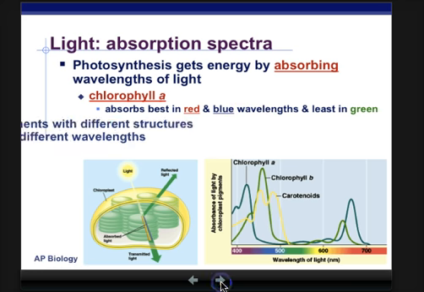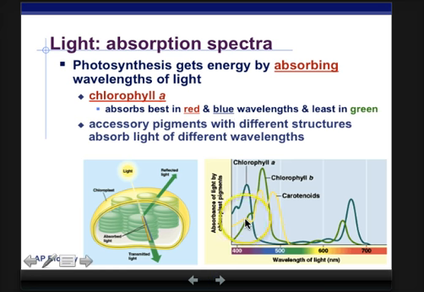And the other pigments, accessory pigments that have slightly different molecular structures, absorb light of different wavelengths. So here you can see chlorophyll A, okay, which is the big one, chlorophyll B, and the carotenoids. All right, and so chlorophyll A and B are reflecting back sort of different shades of green.